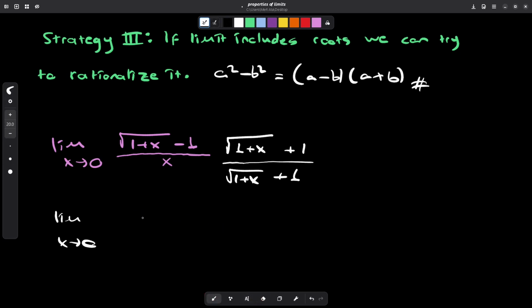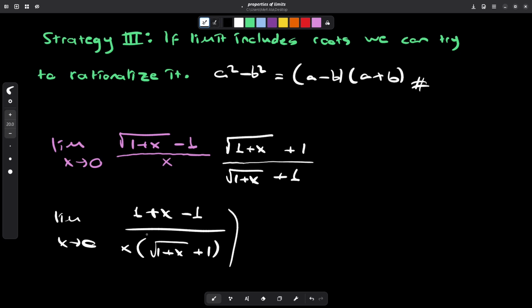Let's write it clearly from the beginning. 1 plus x minus 1 over x multiplied with root 1 plus x plus 1. These ones cancel each other. You can simplify the x's and plug the 0 in. 1 over 0 plus 1, 0, 2.